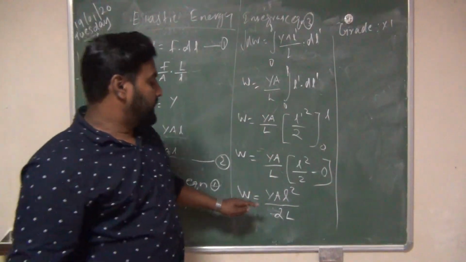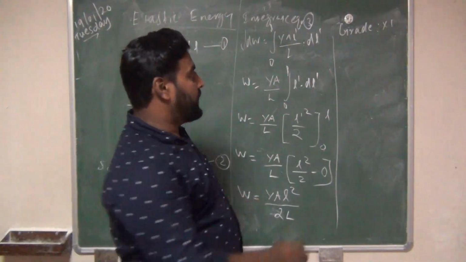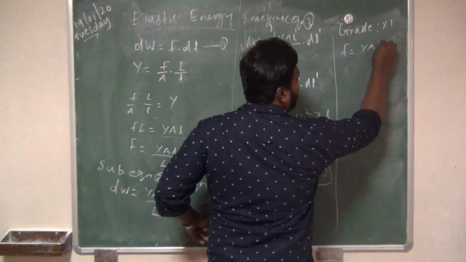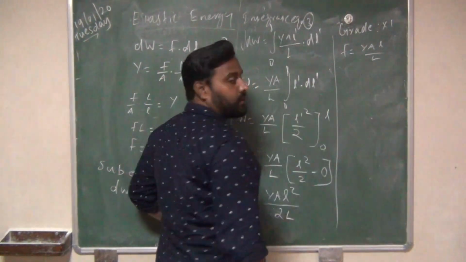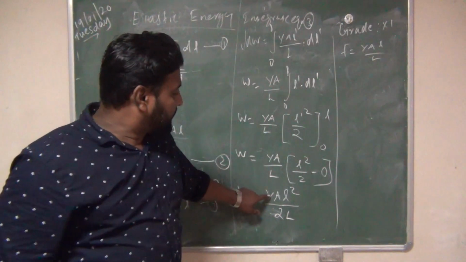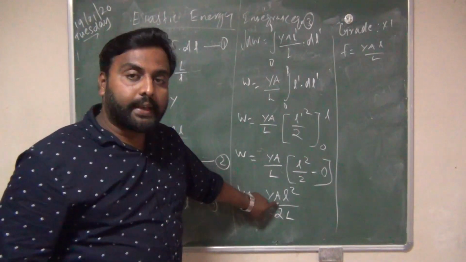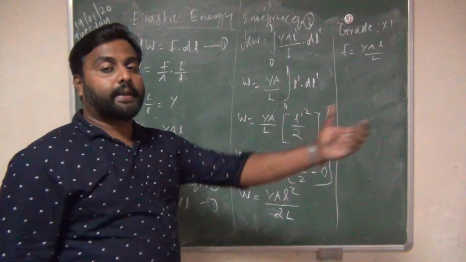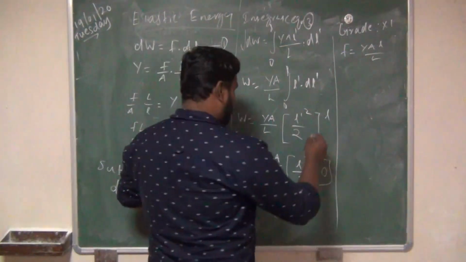Now what we have to do means we know that F is equal to YAl divided by capital L. From this equation, Y is there, A is there, l is there, 2 is there. So take all these separately.